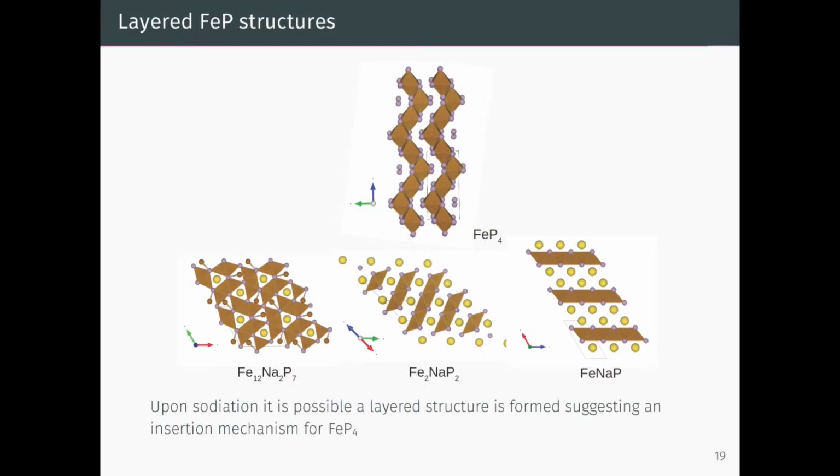So interestingly, while we didn't actually find any iron phosphide structures as new anodes, we did find this set of layered structures within the ternary voltage profile. And this is interesting because if you think back, I was talking about conversion anodes, and I was saying that you were inserting sodium ions into a material that would then change into a different phase as you cycle the battery.